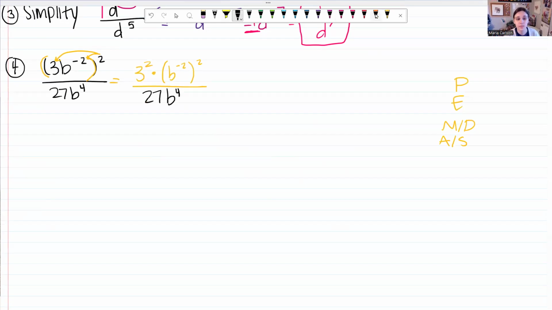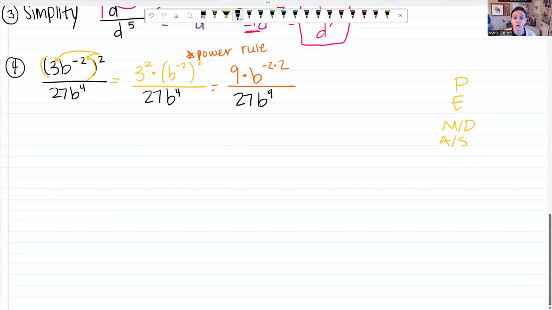Now continuing with that step of the exponents, 3 squared is 9 times b to the negative 2 squared is really b to the negative 2 times 2 power, right? Using the power rule here and multiplying, because this is a power raised to a power, I can multiply those exponents, but this is still all going to be over 27b to the 4th.